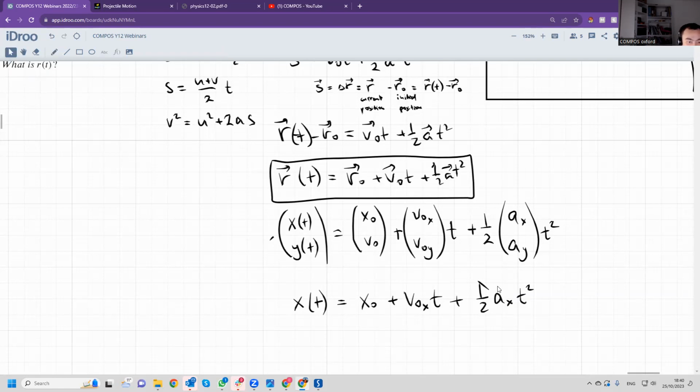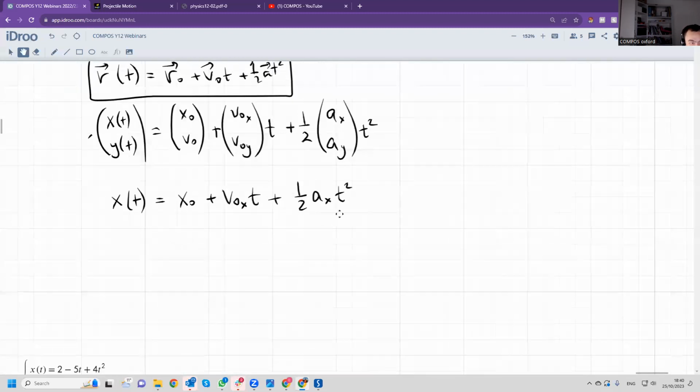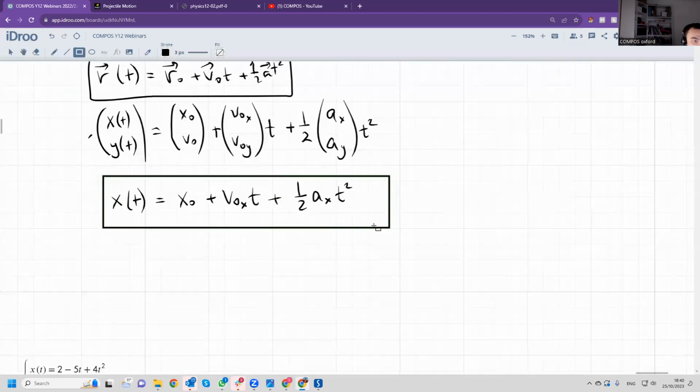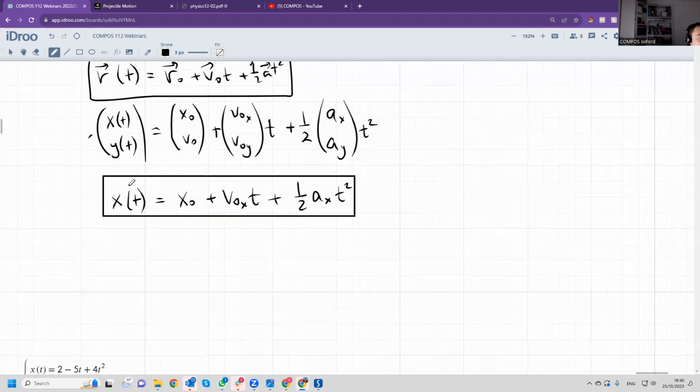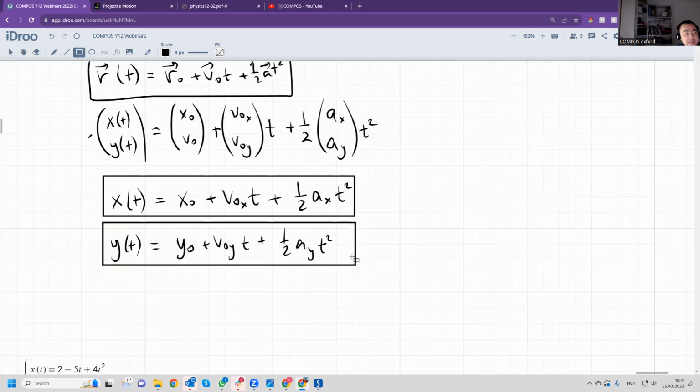So we came back sort of to where we started, because this is the Suvat equation. It's just a modified version. And y of t is y0 plus v0y t plus 1/2 a y t squared. So these are equations of motion. Why is it important? Why is this such a big deal? Why am I spending time on this?